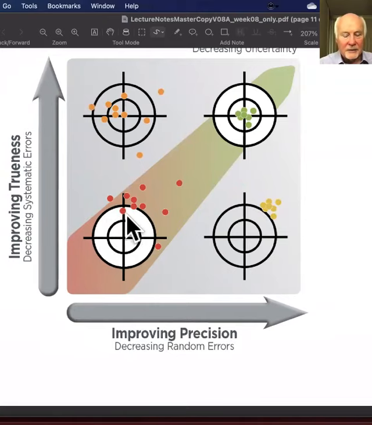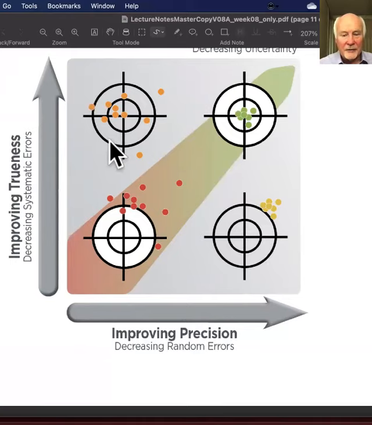Say they're bullets: the bullets are not hitting the center of the target. They're off to one side and they're scattered all over the place, so they're not very consistent. In the bottom right you've got high precision, so the bullets are all going to about the same place. It's just the wrong place. They should be going here.